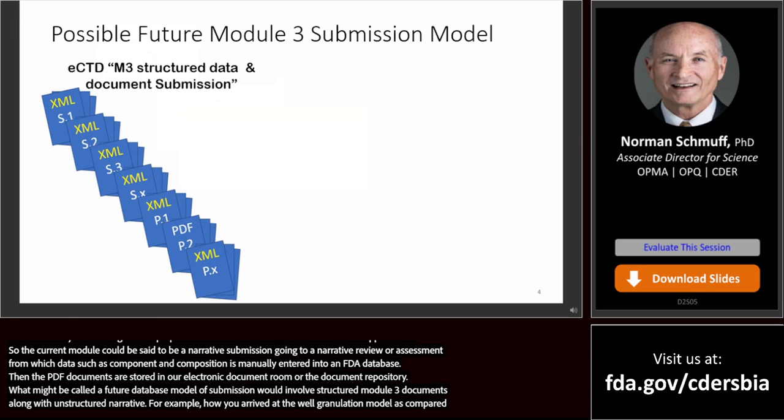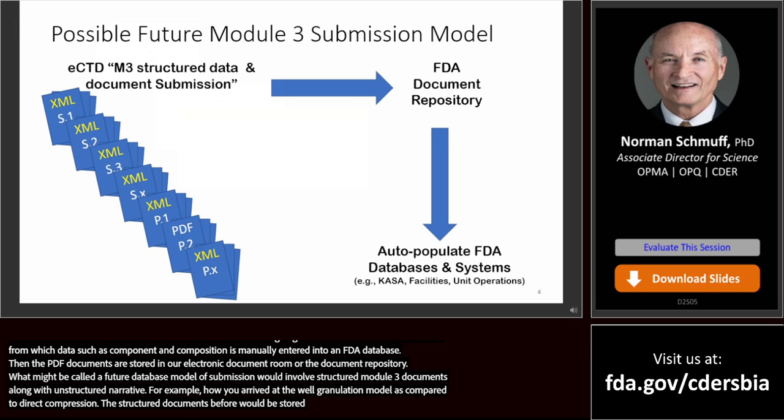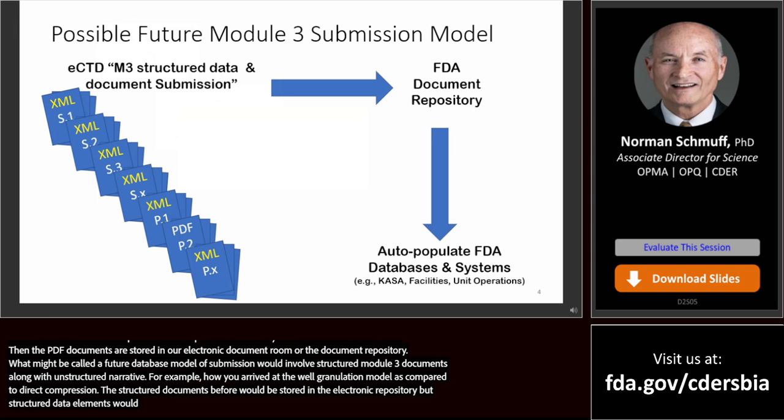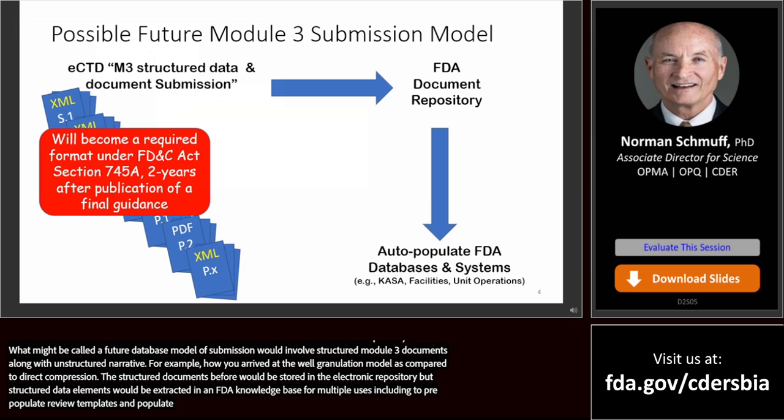The structured documents, as before, would be stored in our electronic document repository, but structured data elements such as components and composition would be automatically extracted into an FDA knowledge base for multiple uses, including to pre-populate CASA template review templates and to populate our facility risk ranking algorithm for inspection purposes.